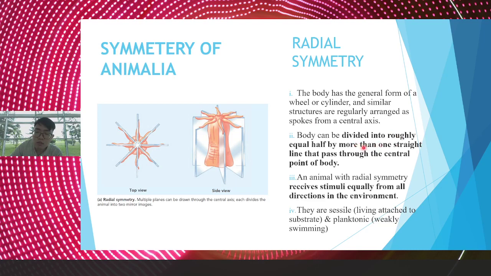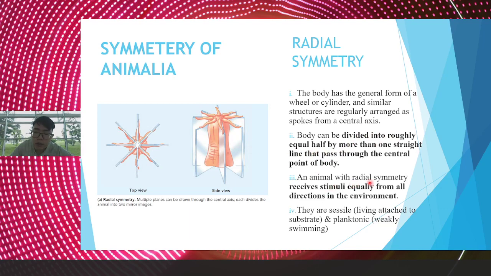So that is why it can be more than one straight line. You cut a straight line, a horizontal line, a vertical line, whatever line, you will get the same shape. So this is why it can be divided into equal halves. This and this are the same.